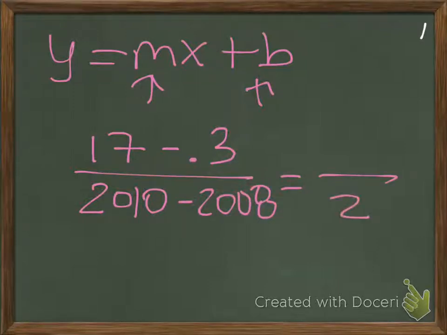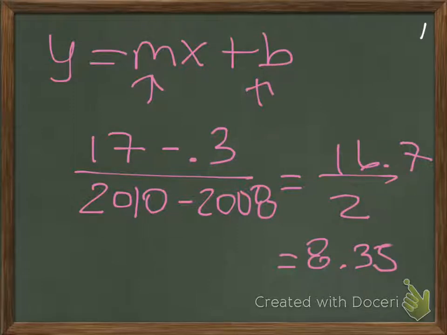So that over 2, that gives us 16.7 over 2. We can simplify that to 1 decimal. So 16.7 divided by 2 gives us 8.35. That's our m. We're going to plug that in for m.